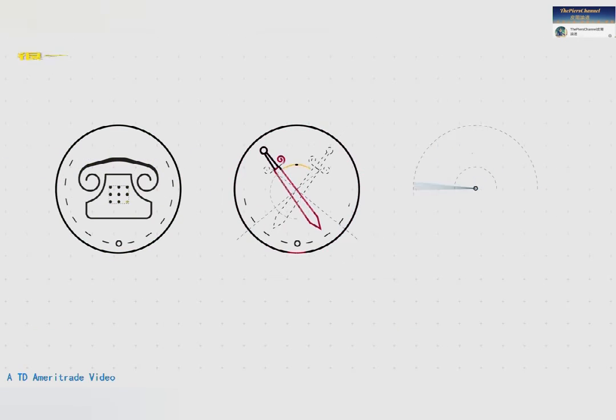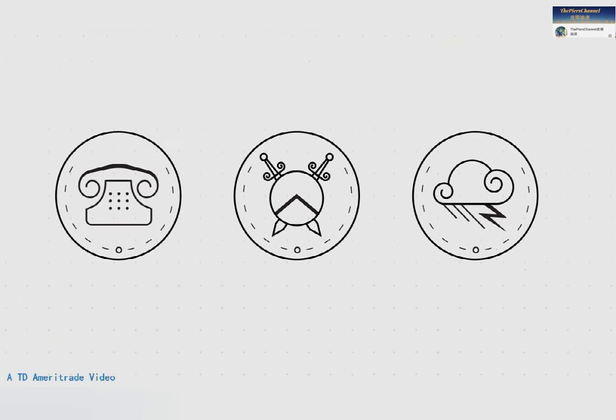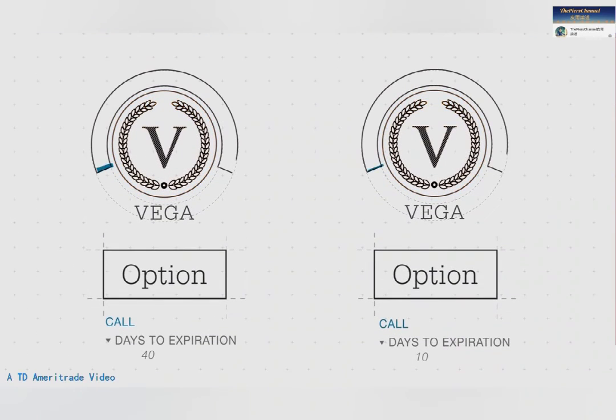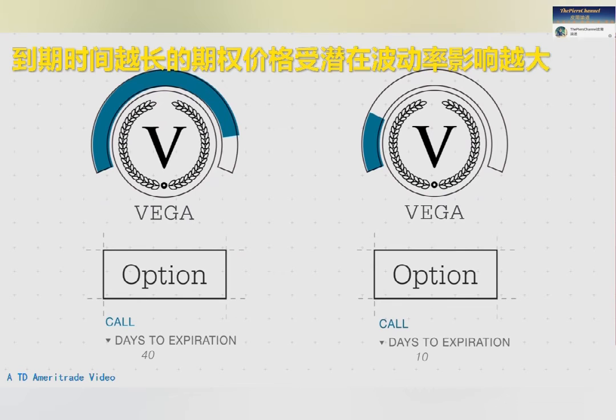Earning announcements, political conditions, and even weather. Depending on the strategy you choose, a spike in volatility could be a blessing, a curse, or have a very small impact. And the further out an option's expiration is, the higher its Vega will be. In other words, options with longer expiration may react more to a change in volatility.